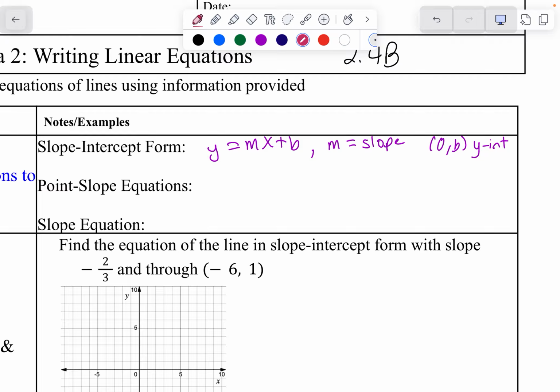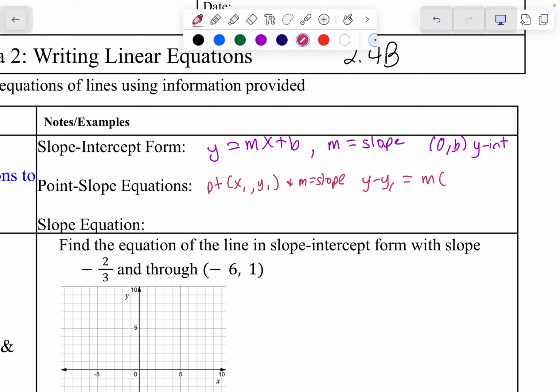If you know a point, x1, y1, and a slope, you can find an equation of the line by just plopping it into this formula. So it's y minus y1 equals m times the quantity of x minus x1.